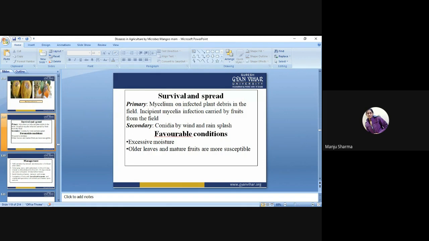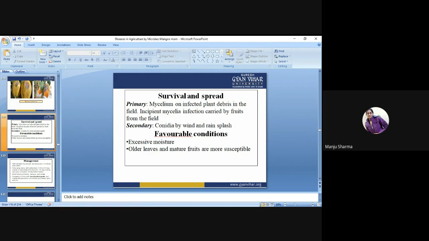Survival and spread. Primary survival is through mycelium on infected plant debris in the field, and incipient mycelial infection carried by fruits from the field.